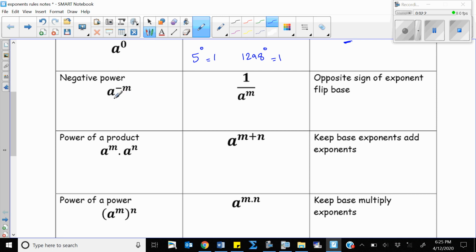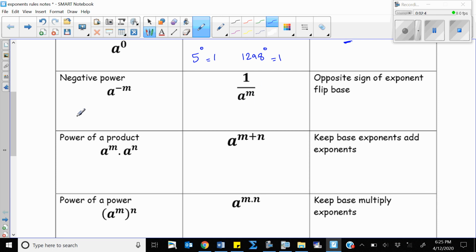How do we do that? We just need to flip the base and opposite the sign of the exponent. So if I have a, that's going to be 1 over a. And if I have a power of negative m, the sign of this negative m is going to be changed to the opposite, so it's going to be positive m.